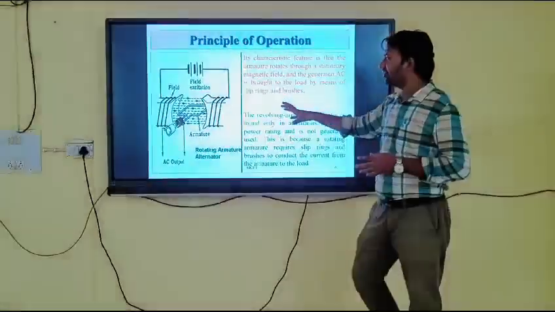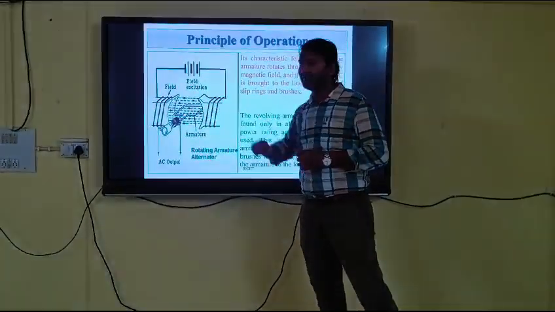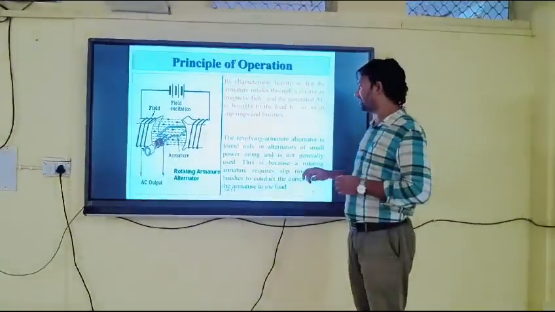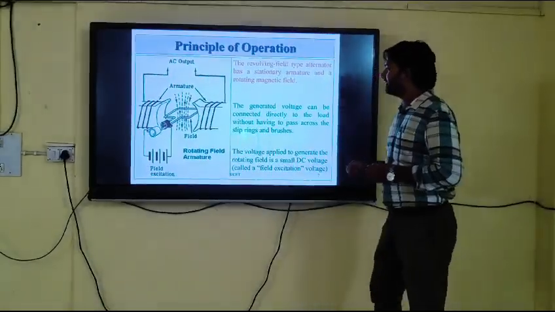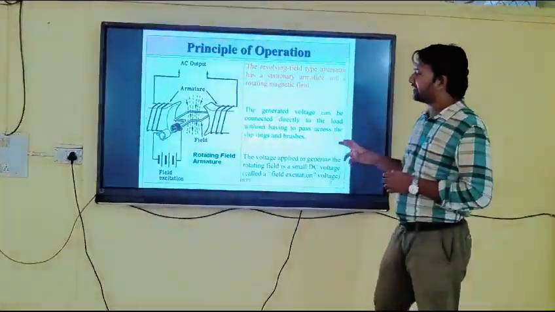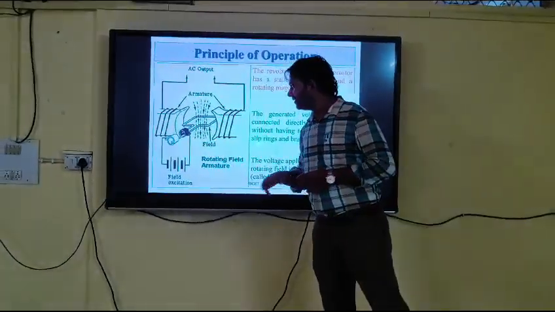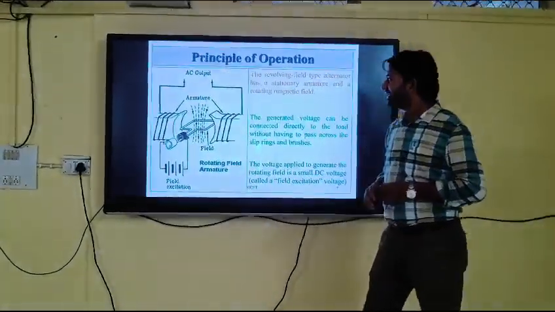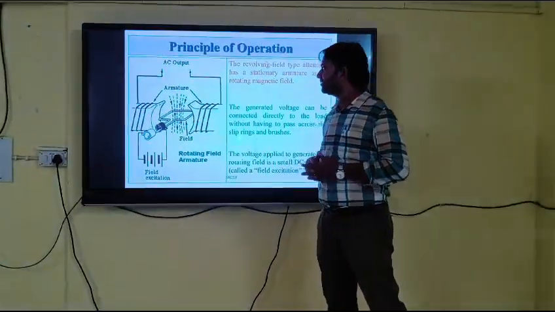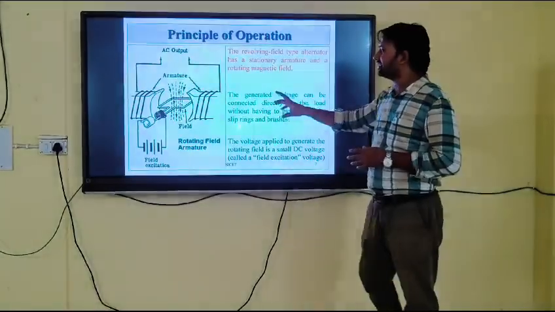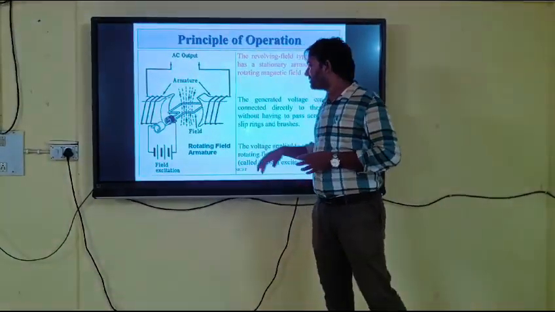This is the principle of operation, where due to the field excitation, EMF is induced in the armature conductors. Here we can also see that the slip ring is connected to the field excitation, and the armature conductors are inside the poles.